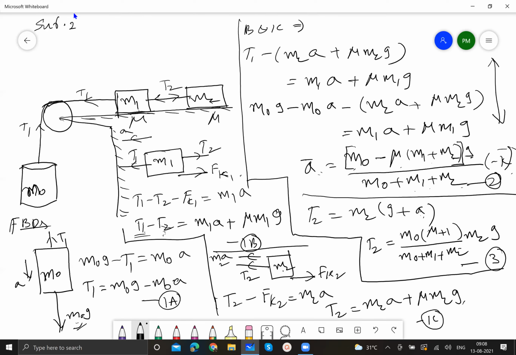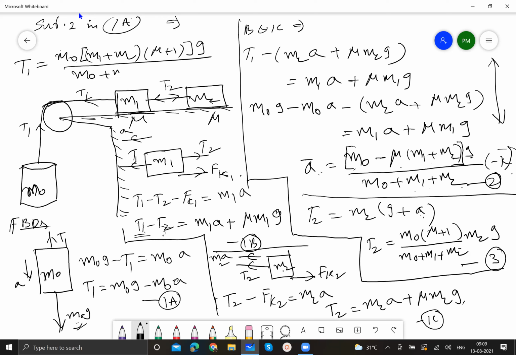Substituting 2 in 1A directly implies T1 is equal to M naught into M1 plus M2 into mu plus 1 into G by M naught plus M1 plus M2.